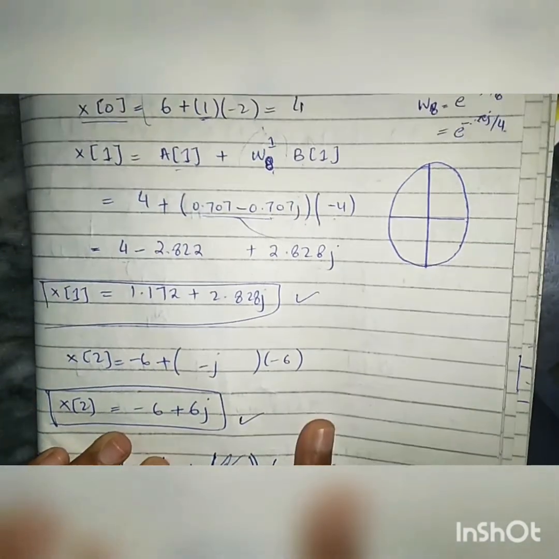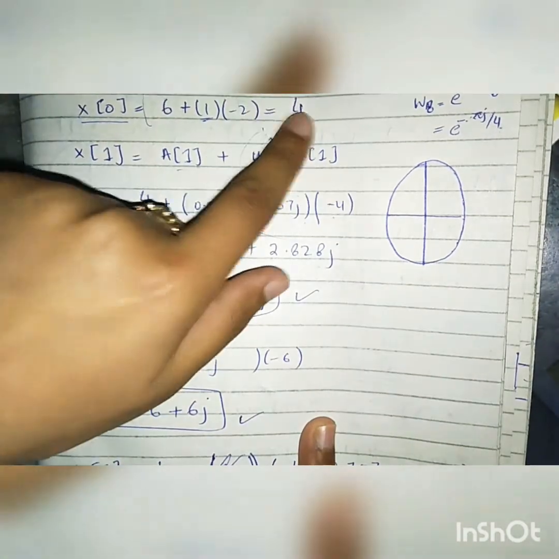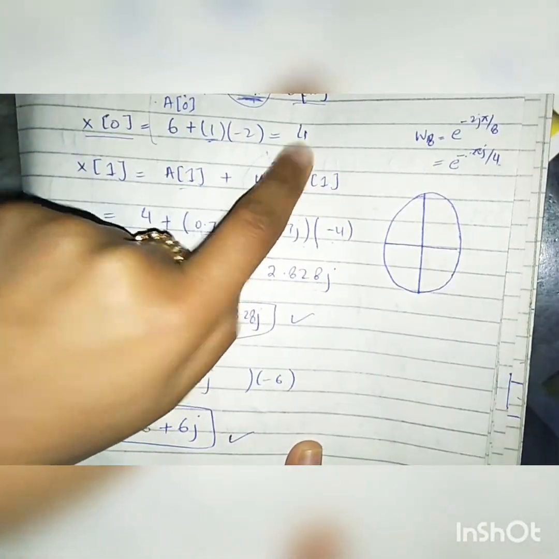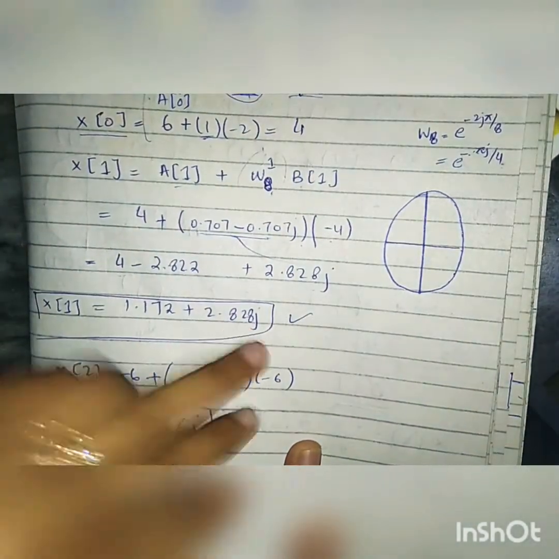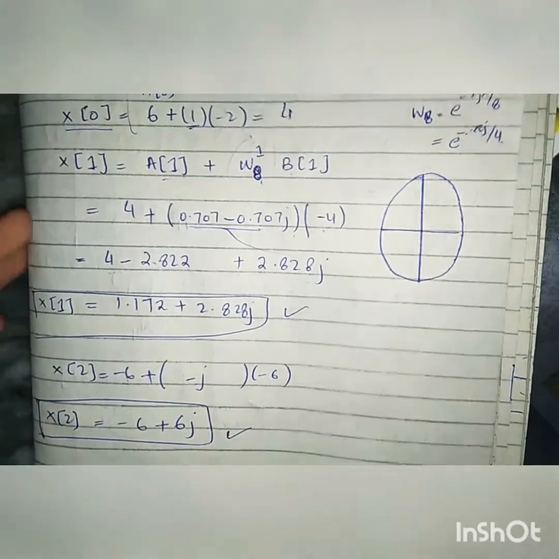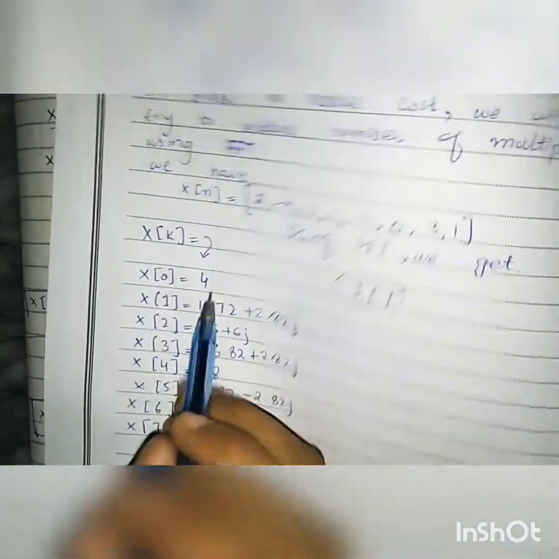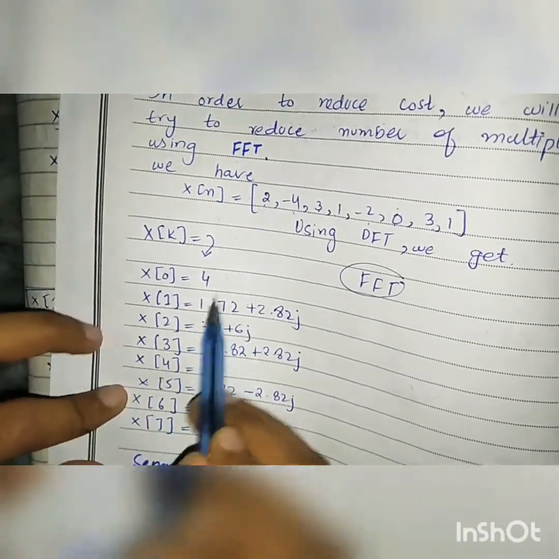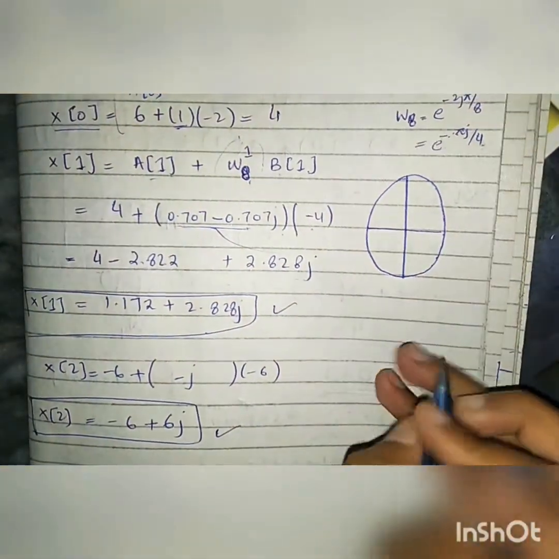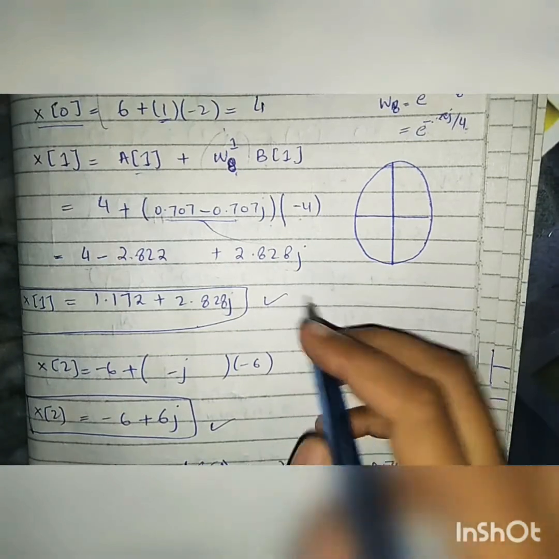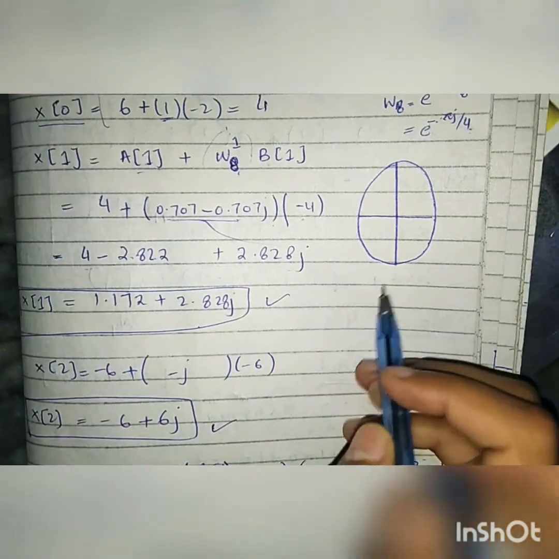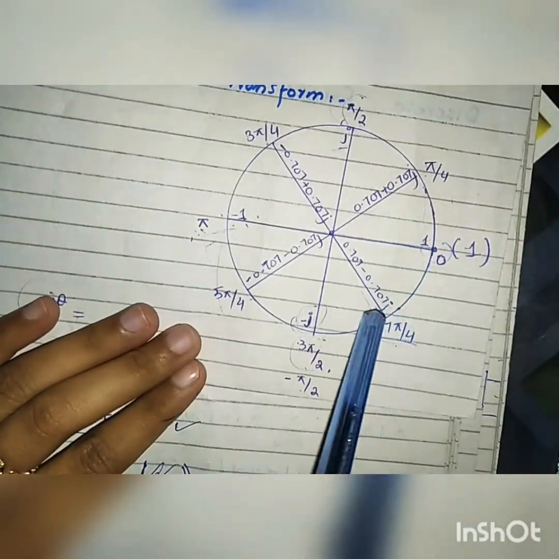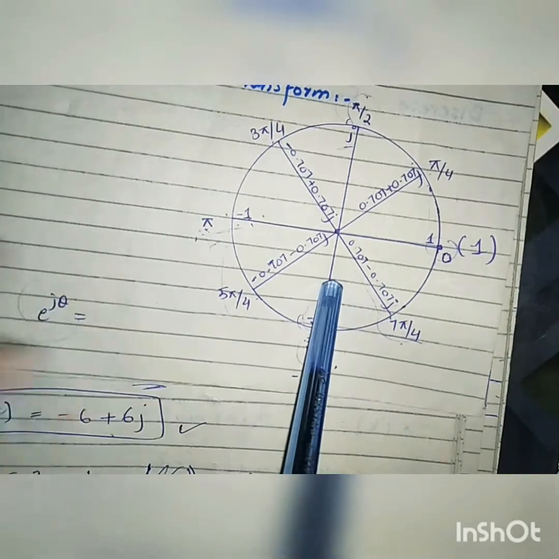Now we can confirm that x of 0 we have got 4 and x of 1 this value, and what we have got previously when using simple DFT, we have got x of 0 is equal to 4 and x of 1 is equal to this, so we are getting the same values in there and in there. So we wanted to verify the formula, and then position 2 is this, and its value is minus j.